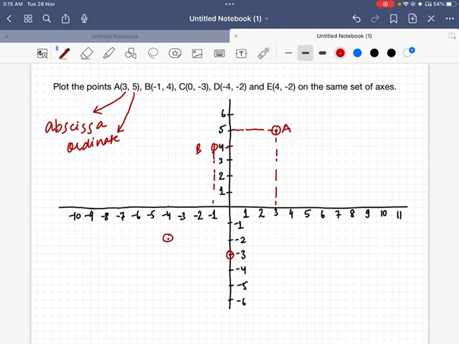Somewhere here is point D. This is how a coordinate system looks. Then 4 comma minus 2: 4 on the x-axis, minus 2 on the y-axis. So that is going to be somewhere here. That's it, guys. This is point E. This is how you locate the points.